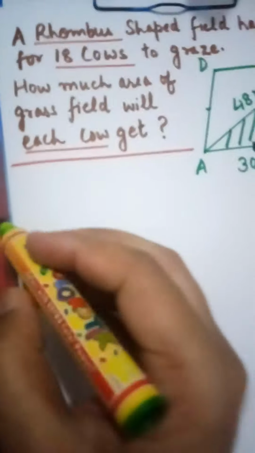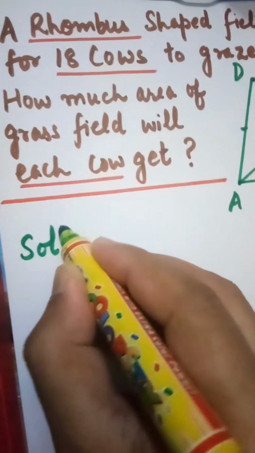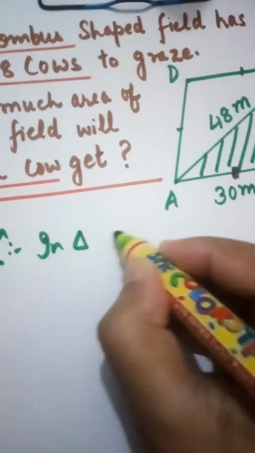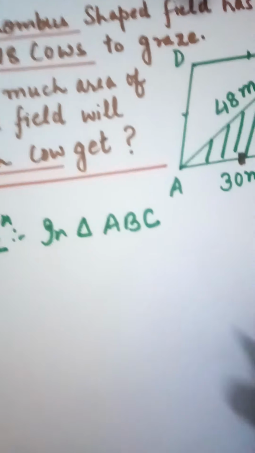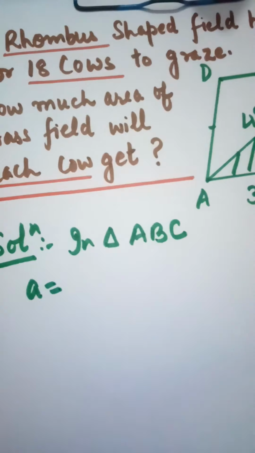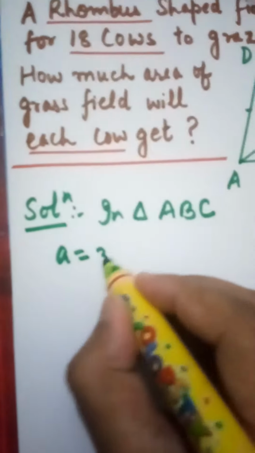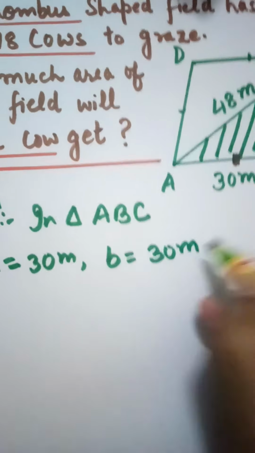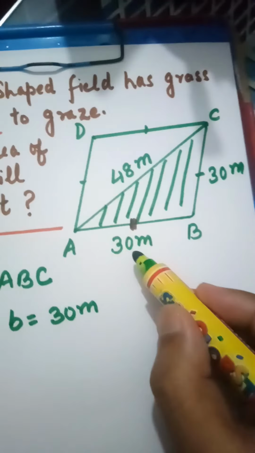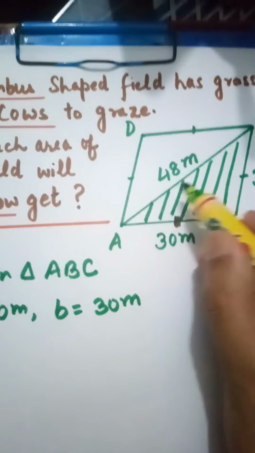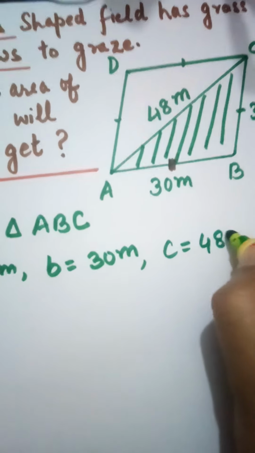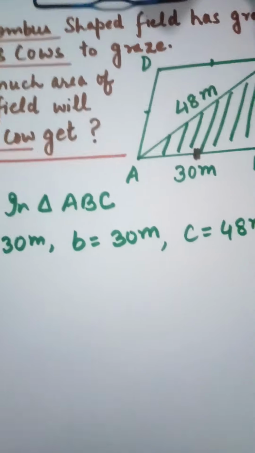Here we are starting the solution. The given figure is a rhombus. So let's take triangle ABC. What is A? The first side is 30 meter. What is B? It is also 30 meter because all the sides of a rhombus are equal. So A is 30, B is 30, and what is C? C is the diagonal, so C is nothing but 48 meter. So these are the three sides.